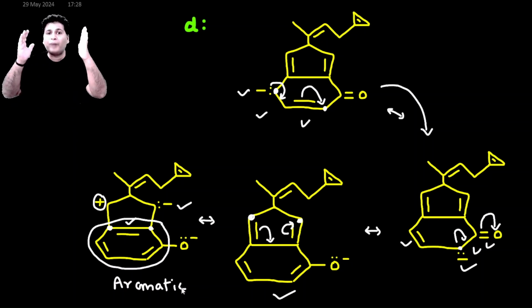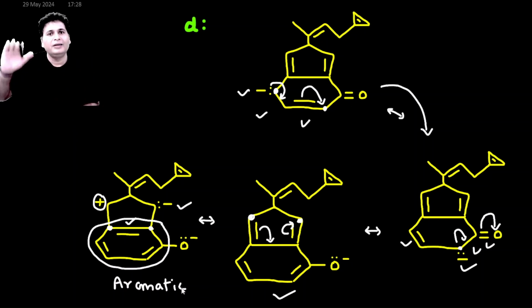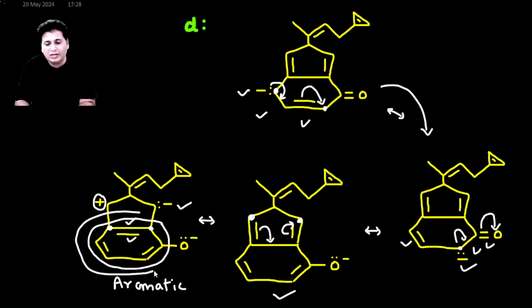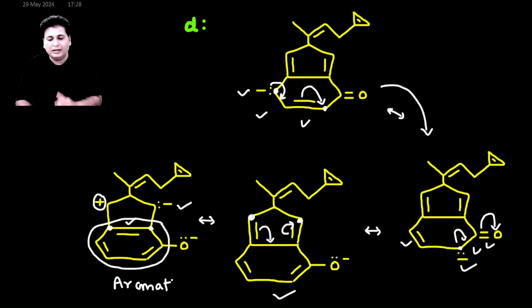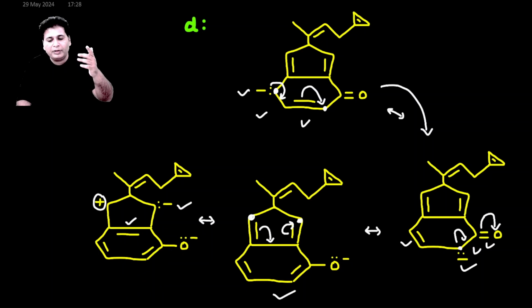There were two pi bonds which were in conjugation, and resonance will happen between those two, and as it happens, it creates a pi bond here which completes one benzene ring in this system, and that gives an aromatic character to this anion. Now you should understand, this anion has somehow developed an aromatic character.